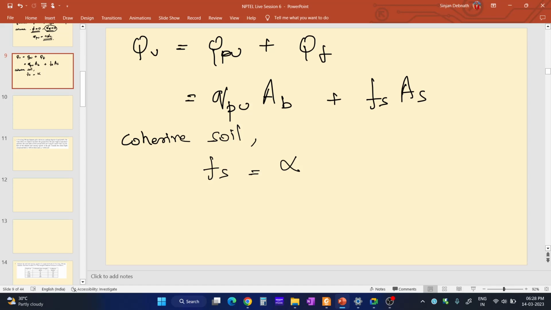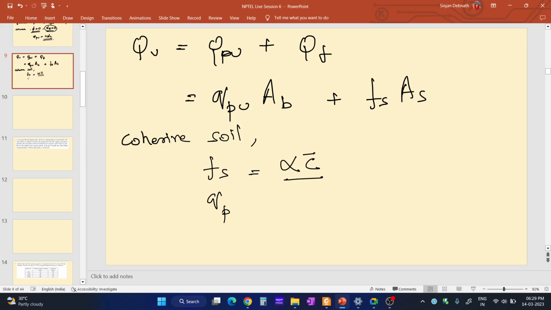Cohesion is the force of attraction between like particles, like soil particles. So alpha is an adhesion factor, multiplied by C. What is C? C is the cohesion of the soil along the length of the pile. So alpha into C is fs, that is the unit skin friction resistance.